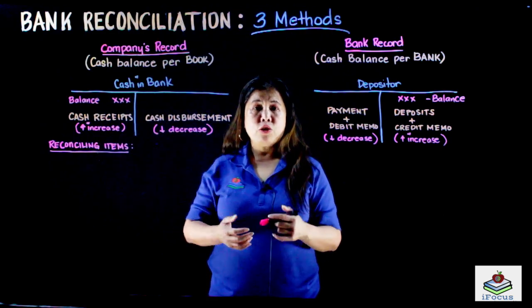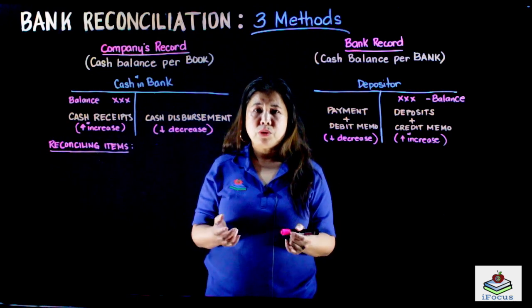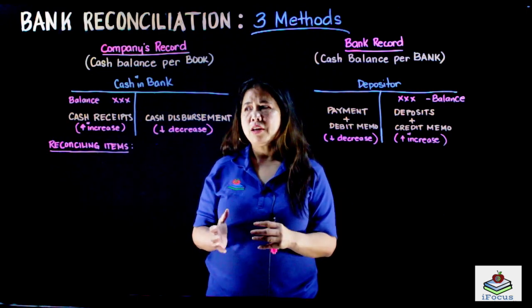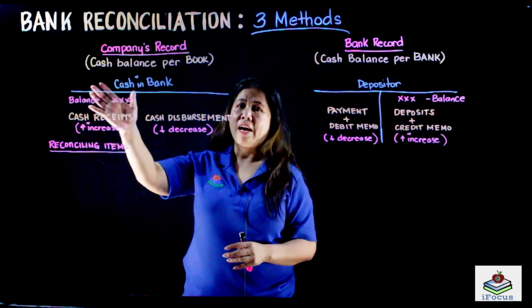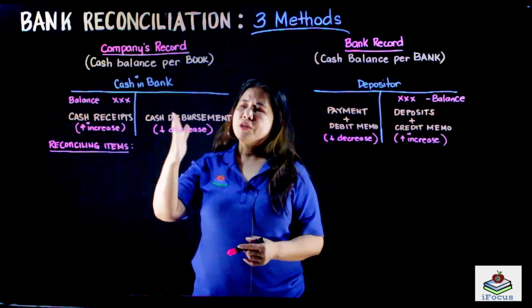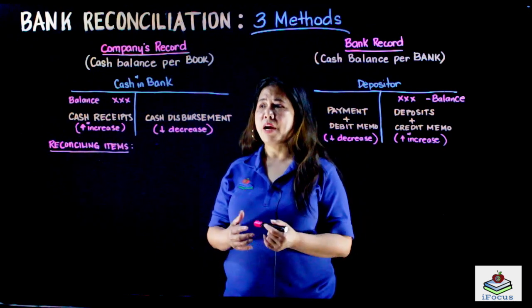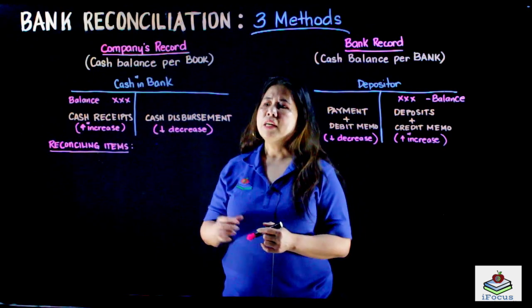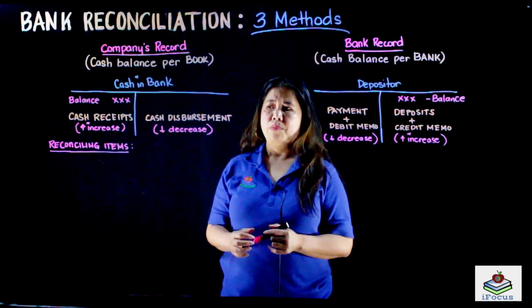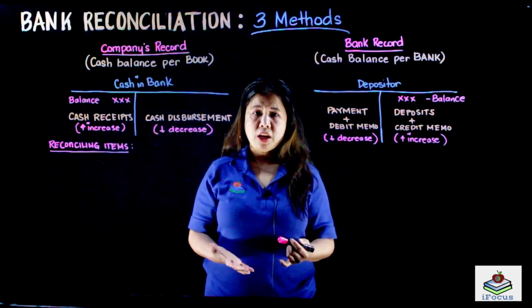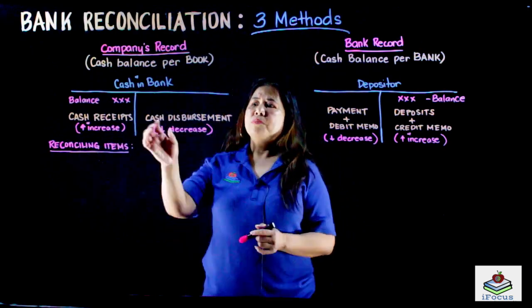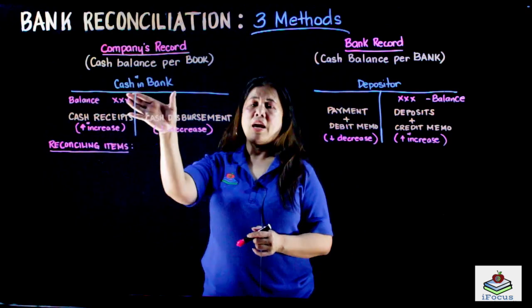Ang ibig sabihin, mga collections natin from the customers. Kapag may pumasok na pera, nag-i-increase ang ating cash in bank. Then, on the credit side naman is kapag nag-disburse ng pera ang company, nagdi-decrease ngayon ang cash in bank. Kapag nag-issue ng cheque ang company, nagdi-decrease ang kanyang cash in bank.